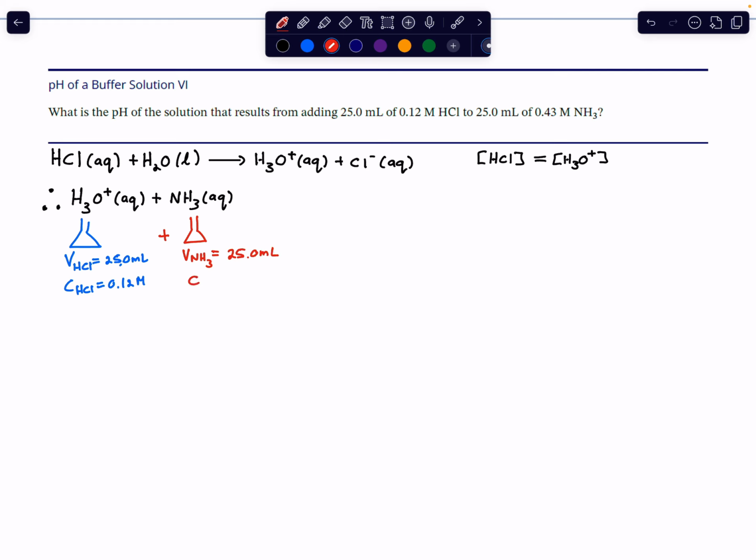It has a concentration of ammonia of 0.43 molar. Alright, so that's what we're mixing.